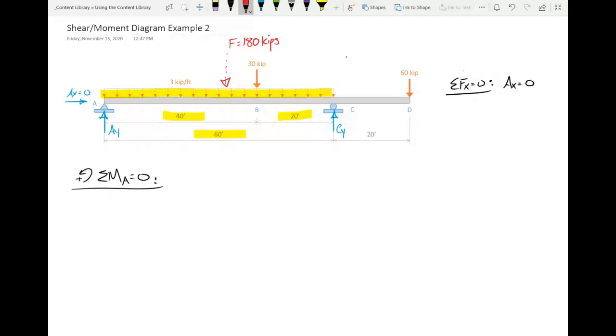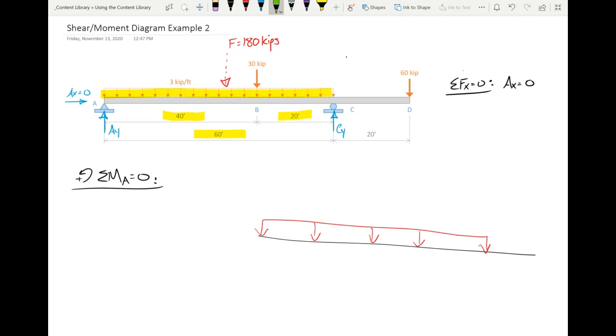Okay, so that's the first question we have to answer, and the second question we have to ask is, where is that resultant going to be? Well, again, look at the shape. Here's the beam, and we're talking about a load like this. It's a rectangle, right? So where is the centroid of a rectangle?